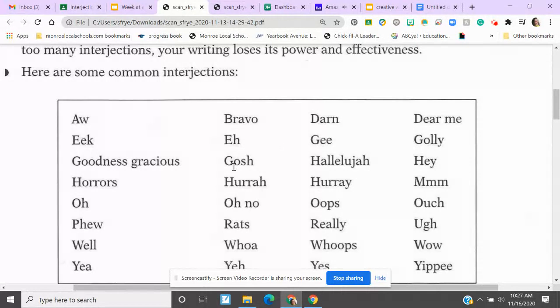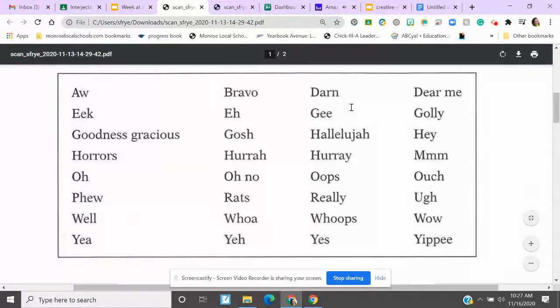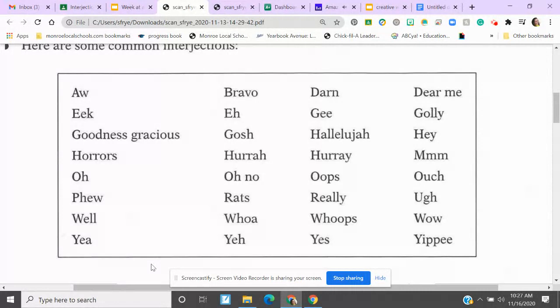Now, obviously, when I'm speaking, you would use these. And I love the examples here because they're so like, gee, golly, hallelujah, we don't have to come to school Monday, right? So all of these are examples of interjections. Now, what do you guys use? Probably not words on this list, right? Interjections can also be inappropriate.